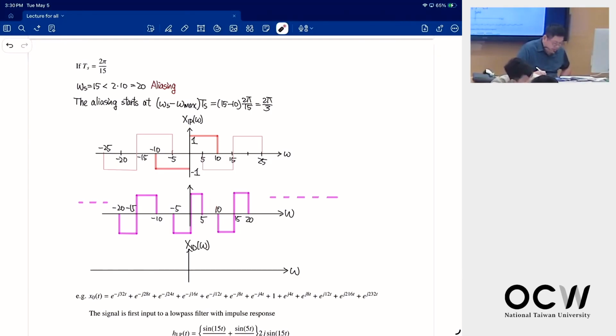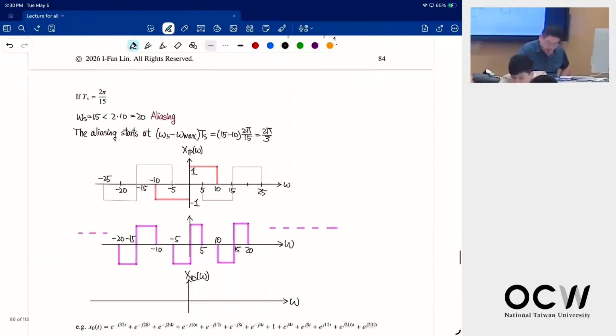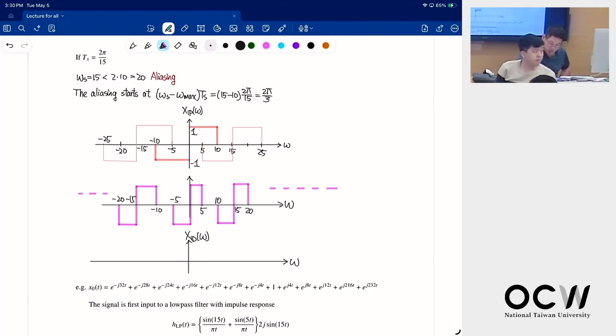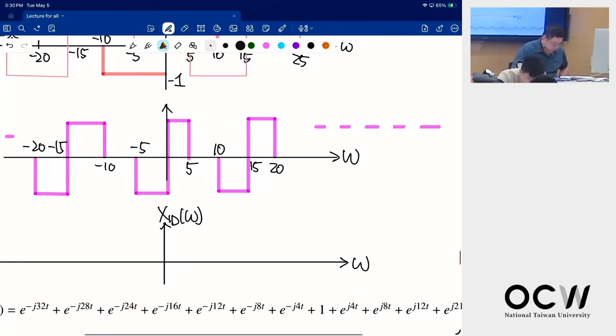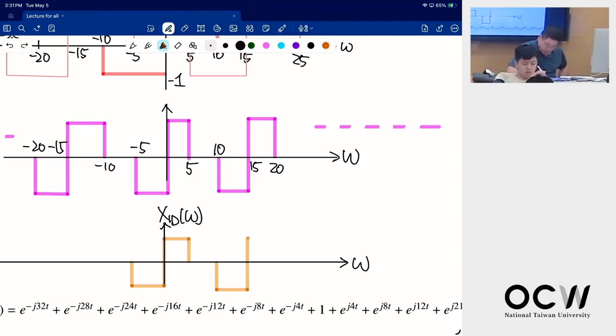Everything times Ts. So you get the brown. So on.